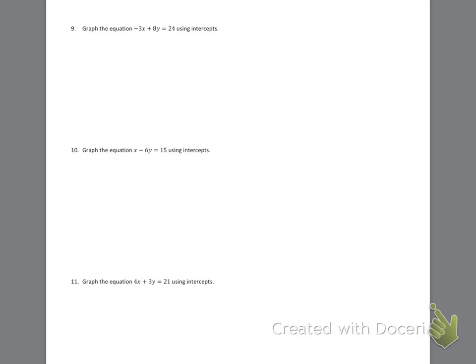These are in standard form or close to it. So you can solve for the intercepts and then grab a piece of graph paper and graph those. I'm going to pause, and if you want to pause the video and do that, I will show you the solutions.